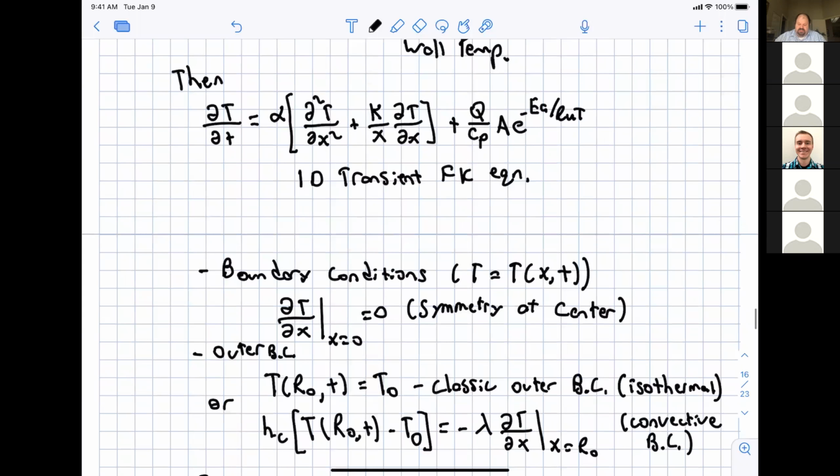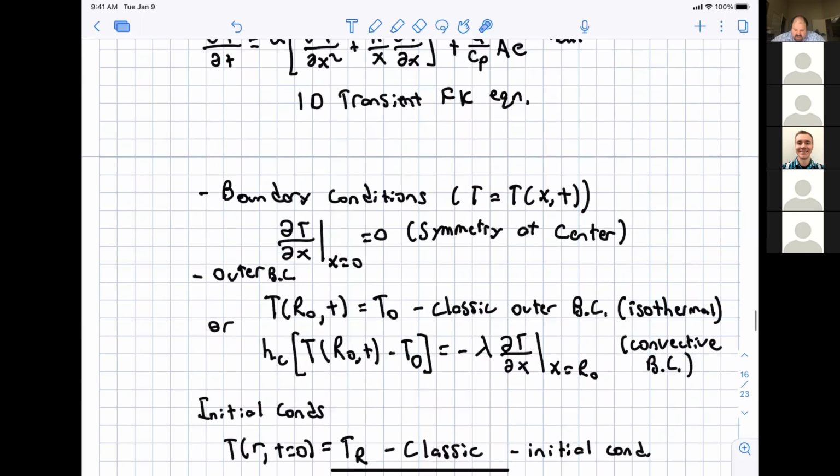So our boundary conditions are here, and I'm going to define T as a function of space and time. At the center we want symmetry, or a bounded solution. This just means that the temperature gradient at the center of our material is 0 for all time.